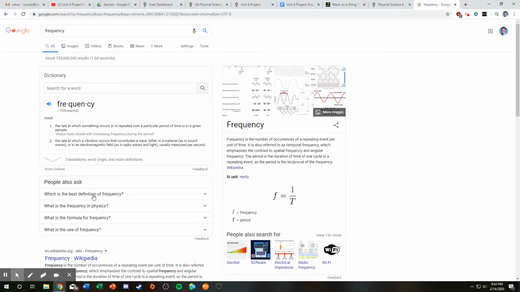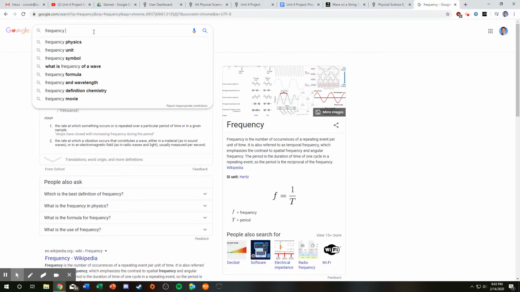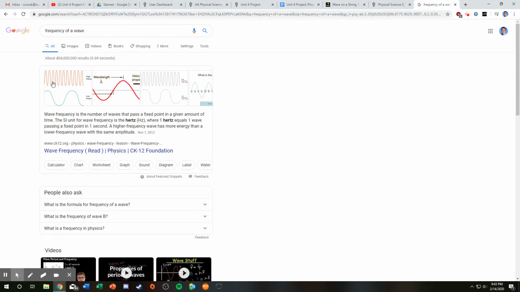That's not really what it is. Frequency of a wave. Let's see if that helps here. So frequency. Okay, so anyways, I guess it depends on what you're measuring.